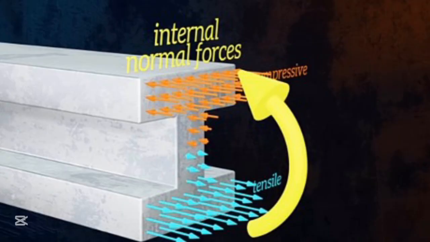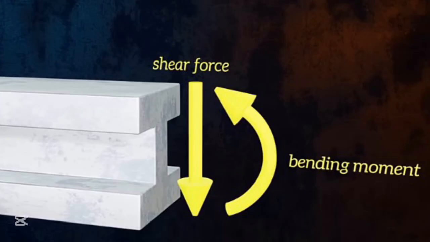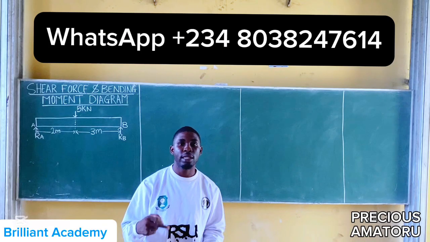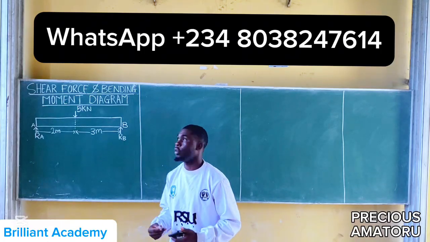That is what we measure as moment. So your shear force diagram indicates the shearing force trying to pull the beam upward or downward, while your bending moment diagram measures the tendency of the beam at that particular point to bend or deflect. Alright, so I guess that's clear enough.